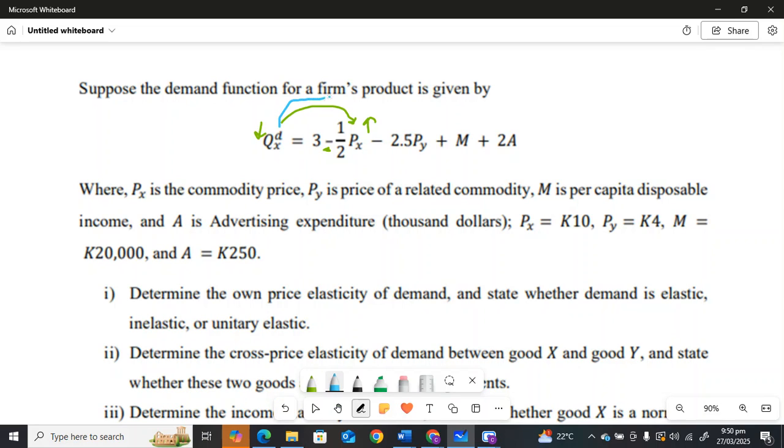Quantity demanded is also dependent on the price of the other good Y. We see here there's a negative sign, so it means there's a negative relationship between quantity demanded of good X and the price of good Y, meaning if the price of good Y goes up, the quantity demanded of good X goes down.